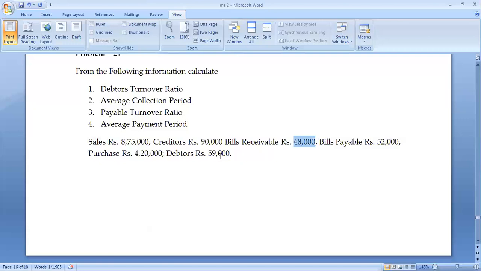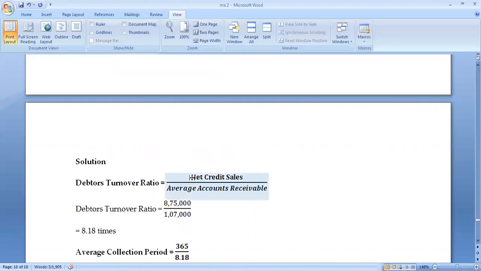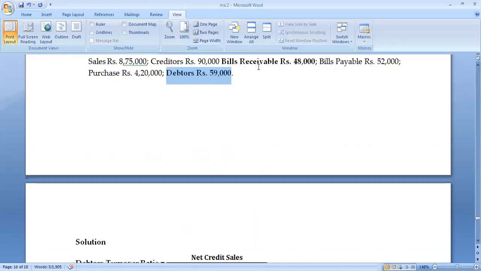Here there is 48,000, along with that debtors is 59,000. So bills receivable 48,000 and debtors 59,000 are added together to get the average accounts receivables. So it gives you 1,07,000. You need to add this information.